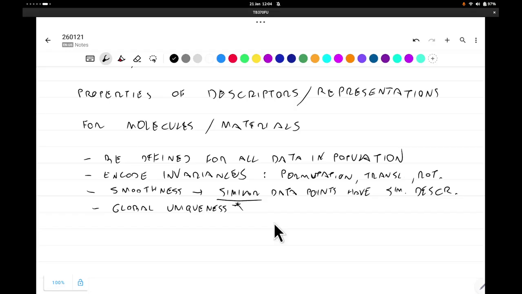However, what you mean by global uniqueness depends on the problem. Let's say you have molecules, and your very input in your database are the coordinates of the atoms, and you're predicting properties of the ground state of the molecule.